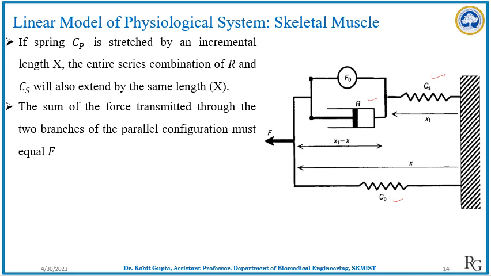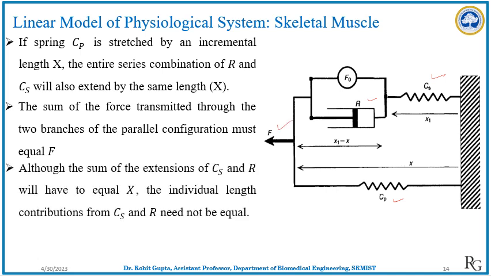The sum of force transmitted through the two branches of the parallel combination must be F. Although the sum of extension of Cs and R will have to equal x, the individual length contributions from Cs and R do not need to be equal.